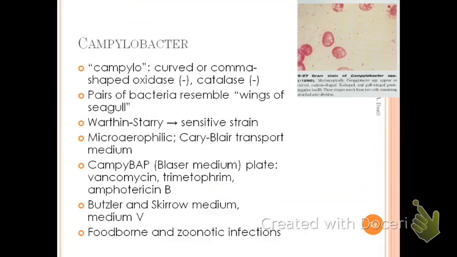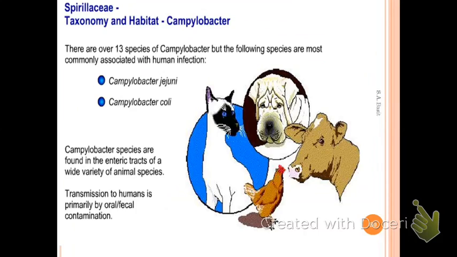Campylobacter is foodborne and is also considered a zoonotic infection. As you can see, there are over 13 species of Campylobacter, but the most commonly associated with human infections would include Campylobacter jejuni and Campylobacter coli.